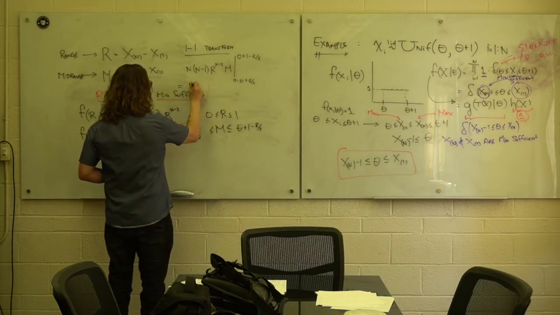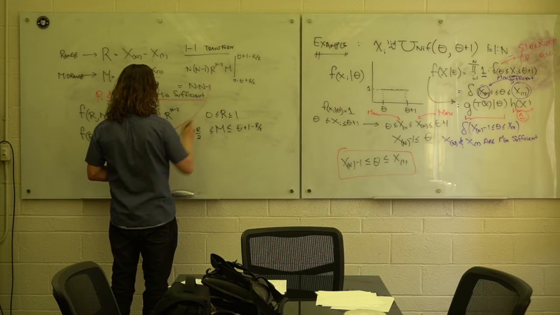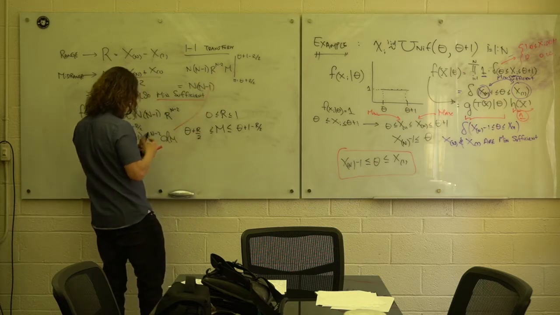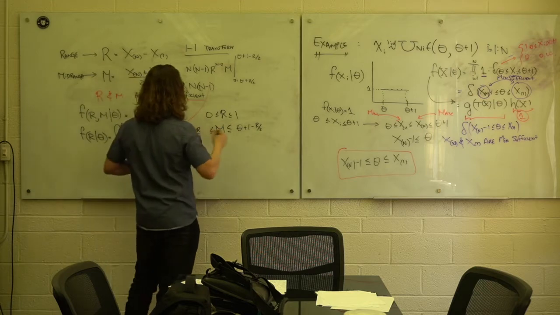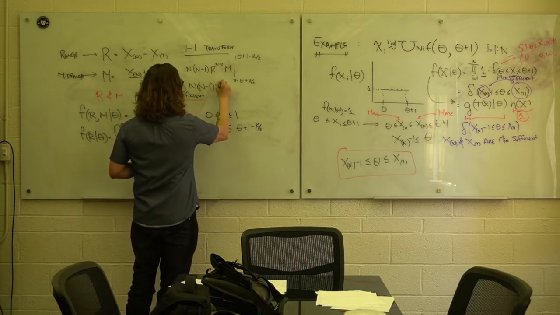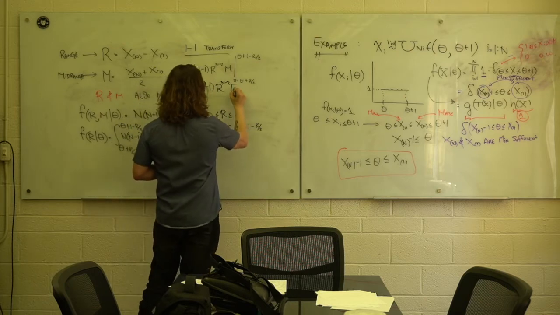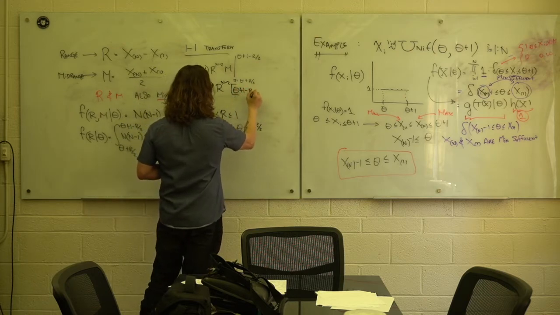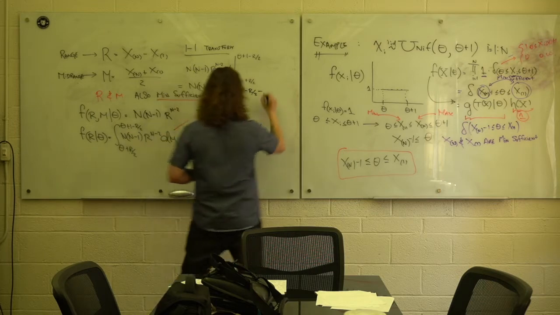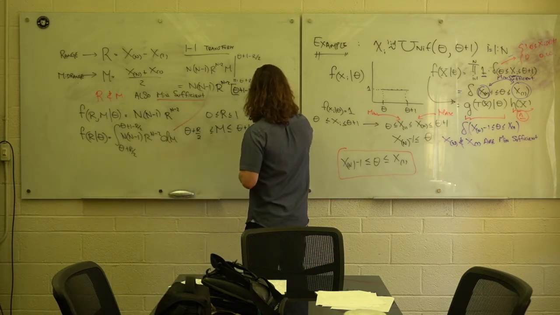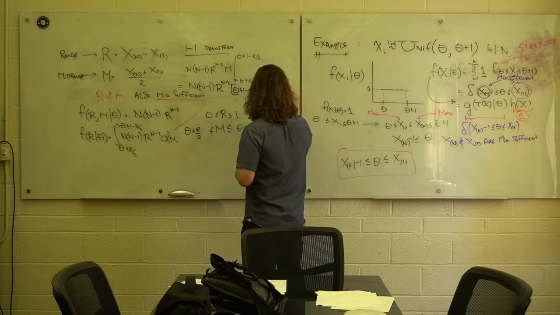It's going to look like n times n minus 1 r to the n minus 2. This is going to look like theta plus 1 minus r over 2 minus theta plus r over 2.